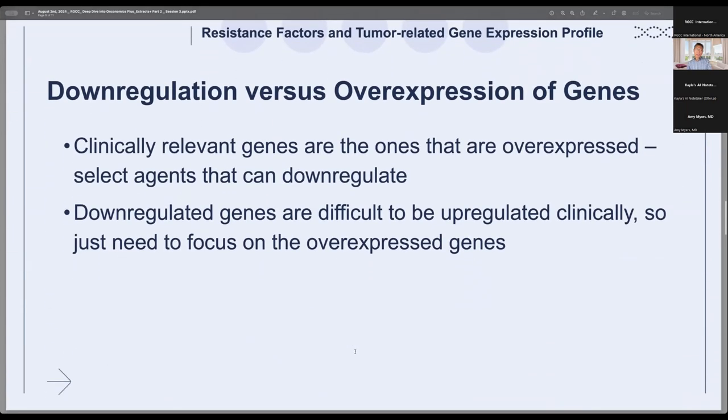Okay, so really the clinically relevant genes are the ones that are overexpressed. Now, what's interesting and can be confusing is that with gene expression, especially when genes are categorized in groups that work together, some may downregulate, and the other ones will overexpress, and it can just switch.